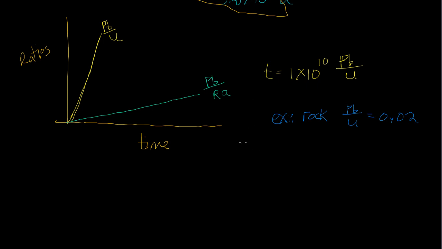Then we would infer that that rock has been accumulating lead, in other words, its age, over a period of 1 times 10 to the 10th times 0.02 years, and that turns out to be 200 million years. So that rock, we would say, is 200 million years old. A rock that was 400 million years old would have a lead uranium ratio of 0.04. In other words, it's accumulated more lead over that time.